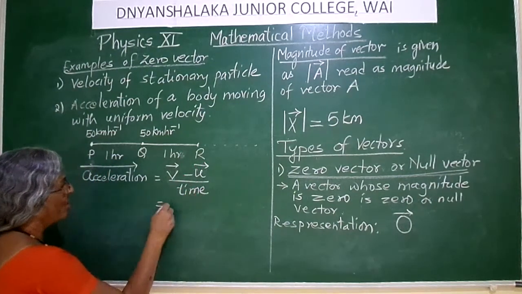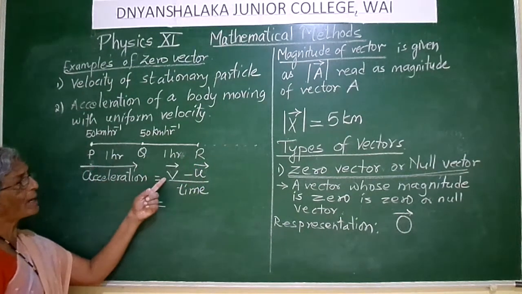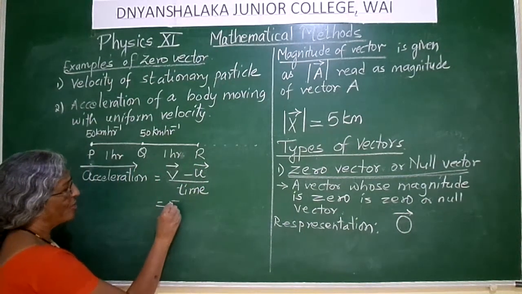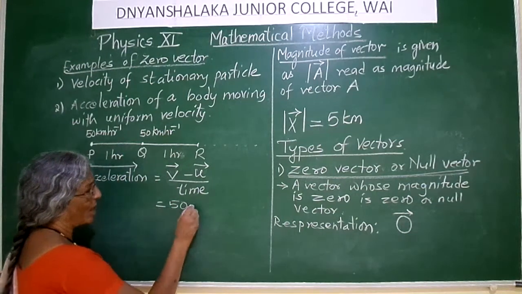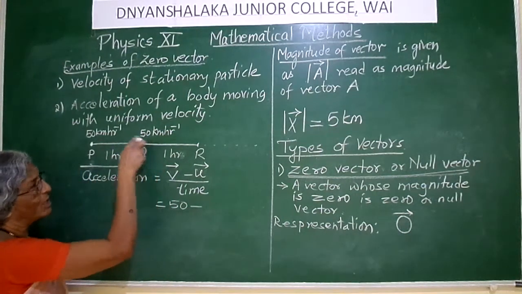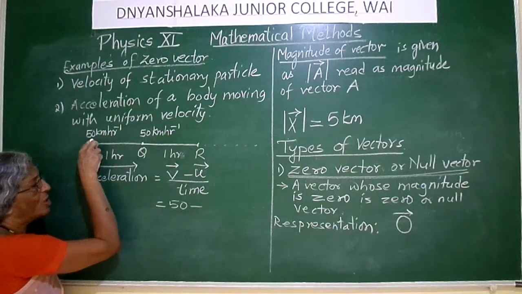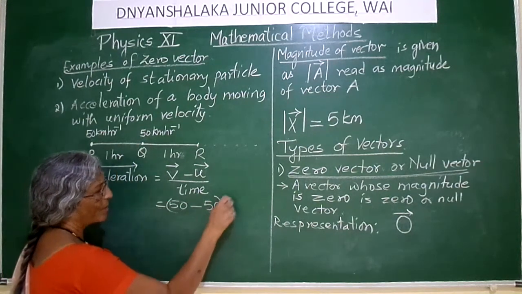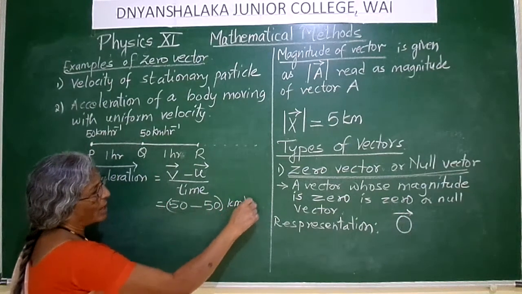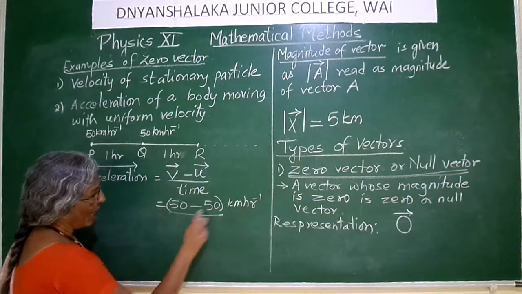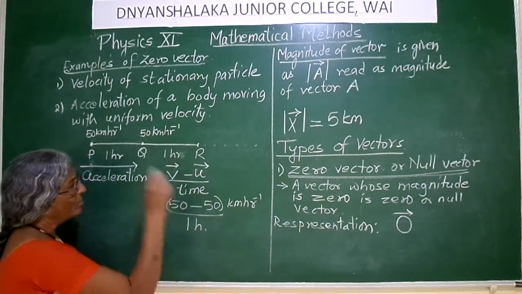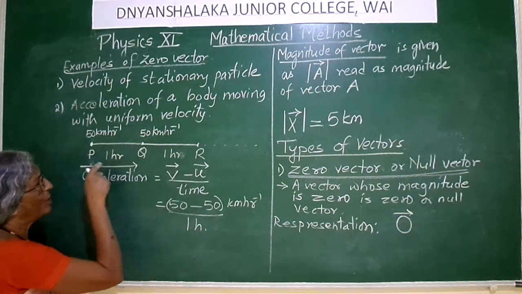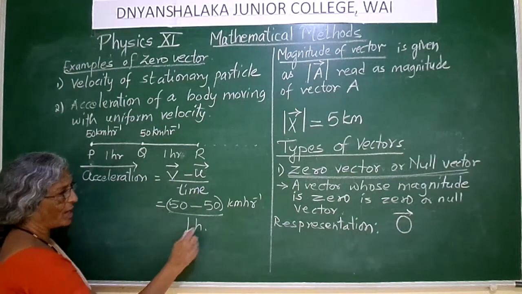Now what is the magnitude of your initial velocity? 50 kilometers per hour. This is your final velocity. What is the magnitude of your final velocity? Again 50 kilometers per hour. Okay. Upon the time, how much is the time you are taking to go from point P to point Q? 1 hour. So it is 1 hour over here.